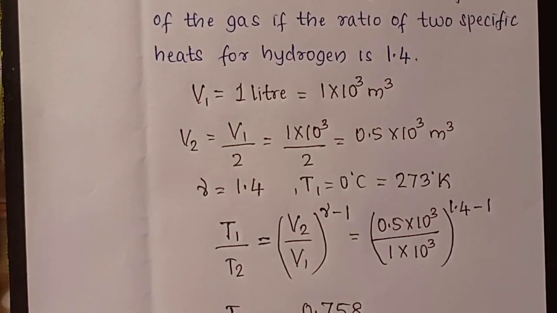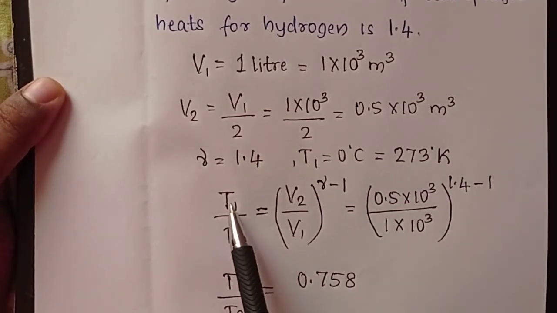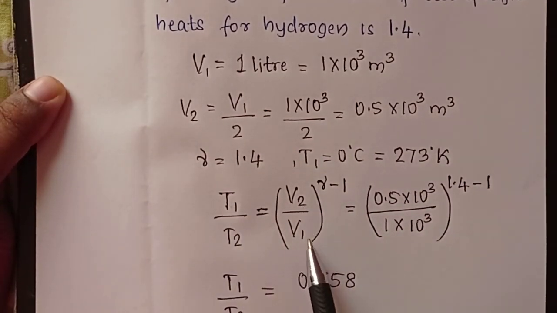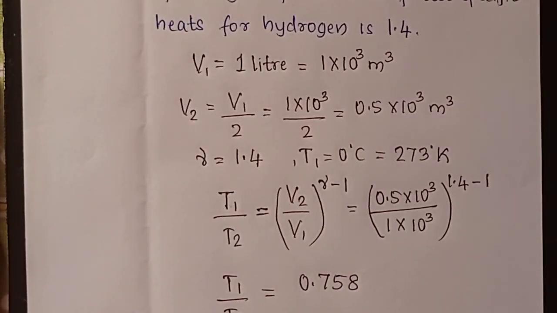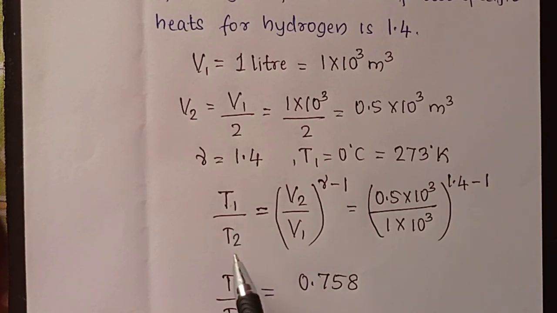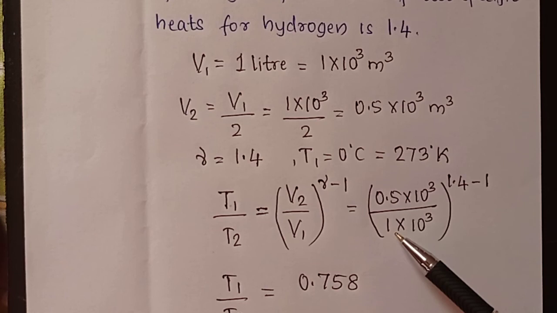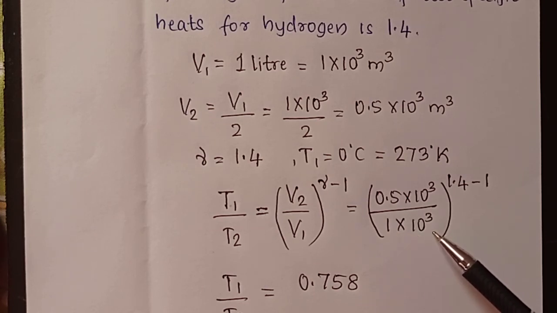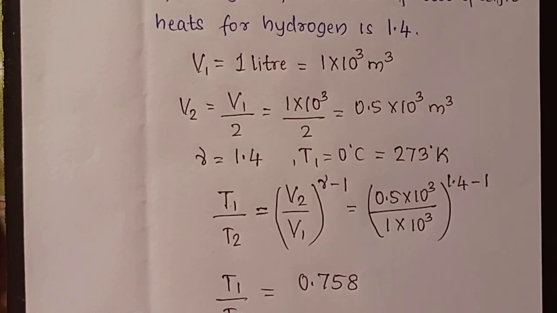So during this process, we know the PVT relationship. What is that PVT relationship? T1 by T2 is equal to V2 by V1 to the power gamma minus 1. Substitute the value of V2 and V1. So that is 0.5 into 10 to the power 3 divided by 1 into 10 to the power 3 whole raised to 1.4 minus 1.